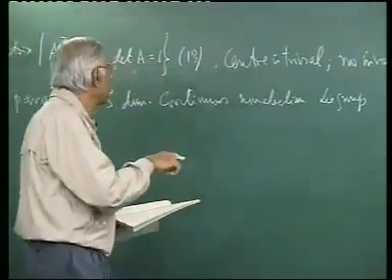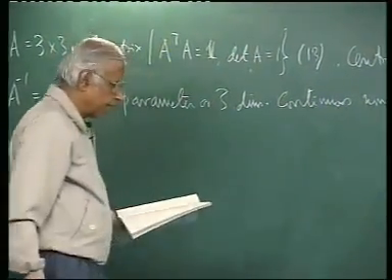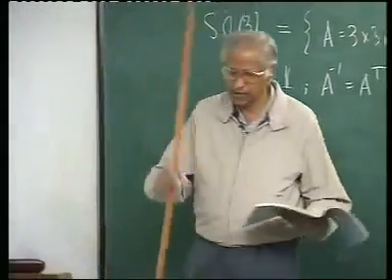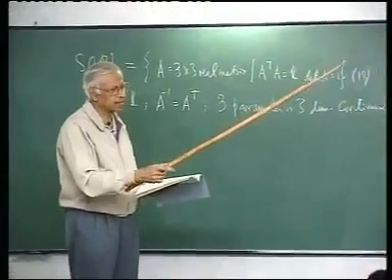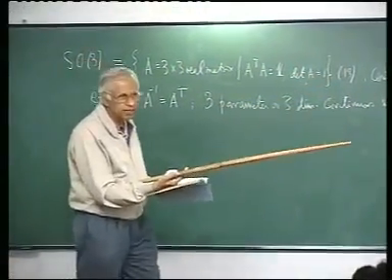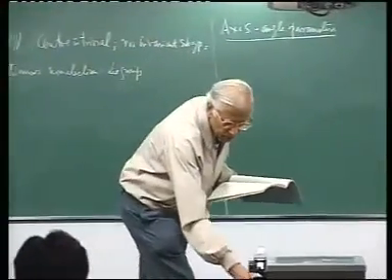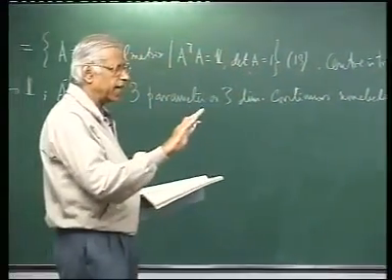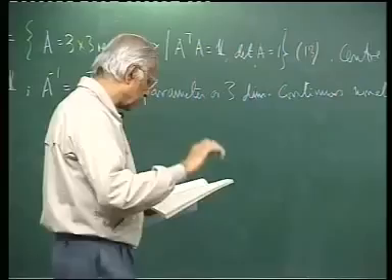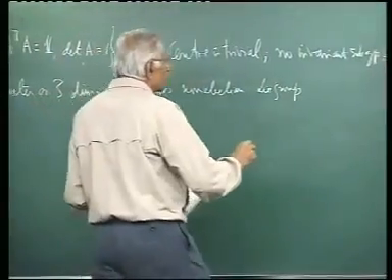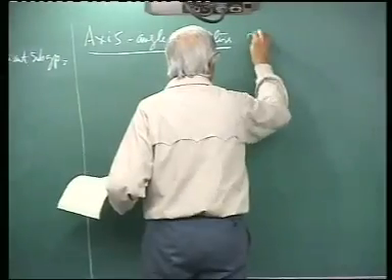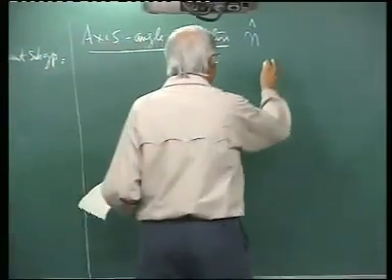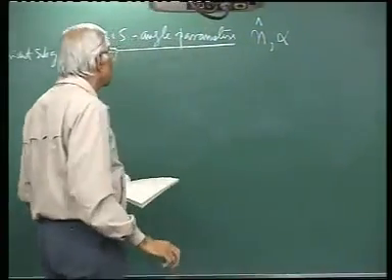Every proper rotation, proper because the determinant is 1, is a rotation about some axis by a certain angle in, let us say, the right-handed sense. So every SO3 element is completely defined by the axis of rotation and the amount or angle of rotation. I will denote the axis by a unit vector n, the direction of the pointer, and the amount of rotation by an angle alpha.